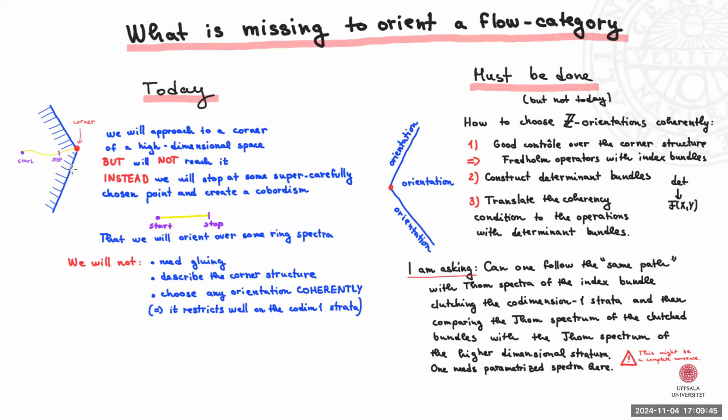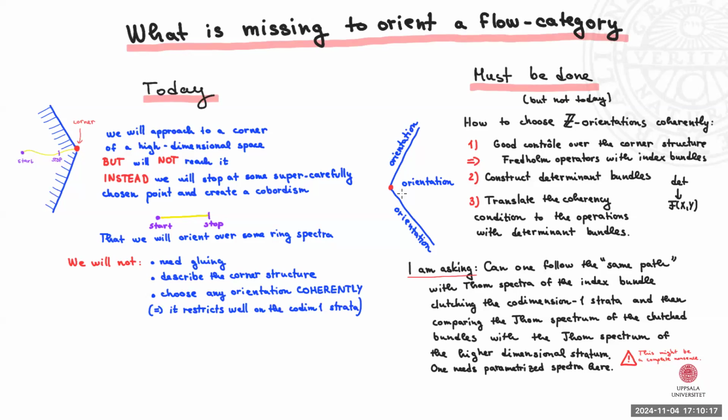So how to do that? We have to have good control over the corner structure of our moduli space. So in here, you can see a moduli space, and we somehow have a corner there where the moduli space breaks down and it's no longer a smooth manifold, but it is almost smooth with a corner. So there we need good control over what that corner is. What we are going to get are Fredholm operators with index bundles, and we are going to take those index bundles and create determinant bundles.